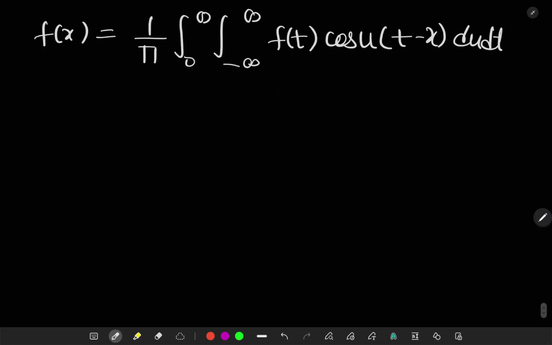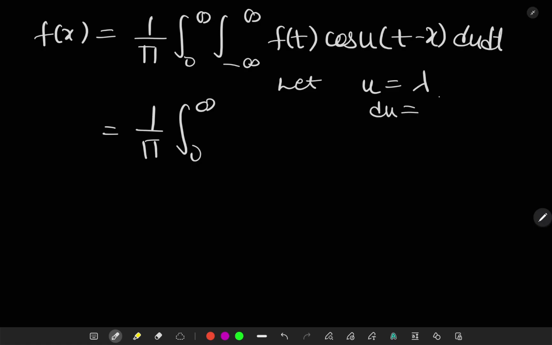So let's integrate this term for finding f(x), the Fourier integral, and let u equal λ and du equal dλ. So this integral becomes this.